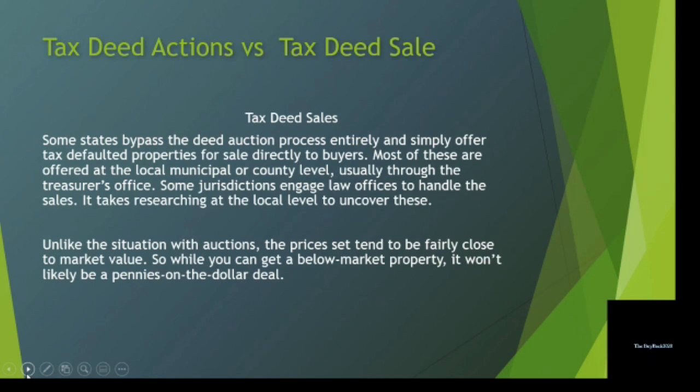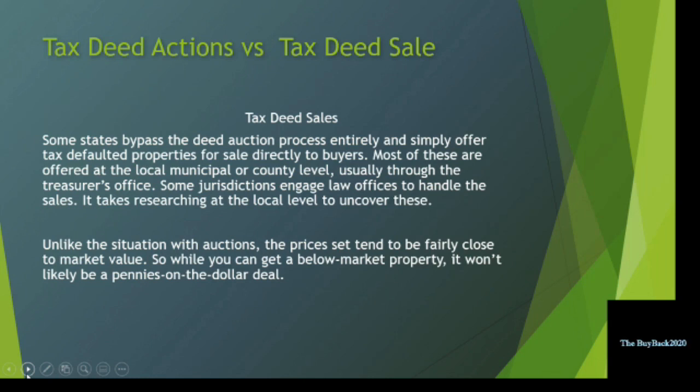And each county is like their own island. Most of these are offered at the local municipality or county level, usually through the treasurer's office or tax assessor. Okay, that's another name. Some jurisdictions engage law offices to handle the sale. It takes research at the local level to uncover this.